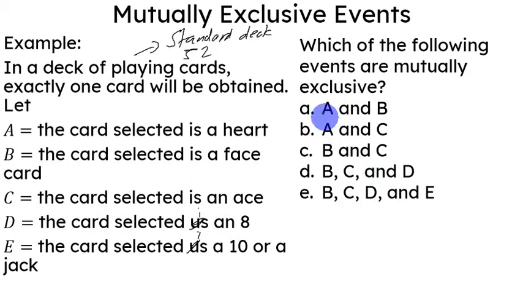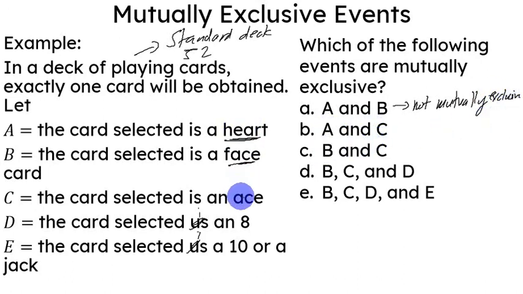Alright, so let's first look at A and B. The card is a heart, and the card selected is a face card. We know that we have the Jack of Hearts, Queen of Hearts, and King of Hearts. These are the face cards: Jack, Queen, and King. Since they can occur at the same time, we can have a heart and a face card. So A and B are not mutually exclusive. How about A and C?